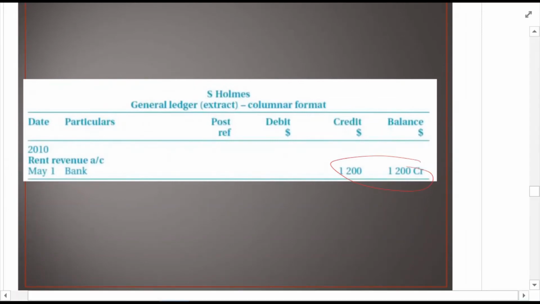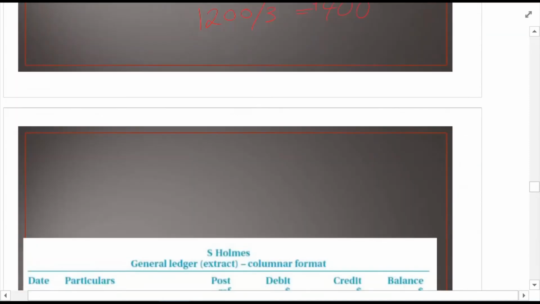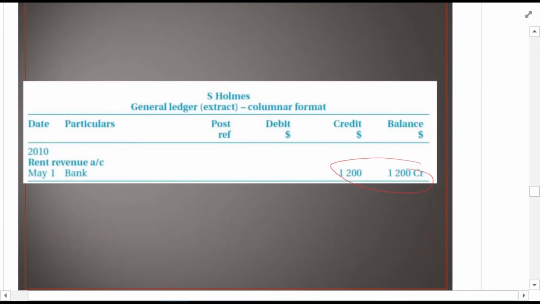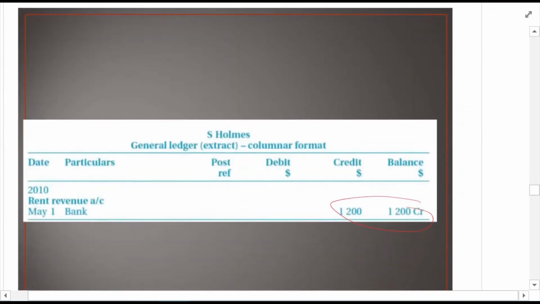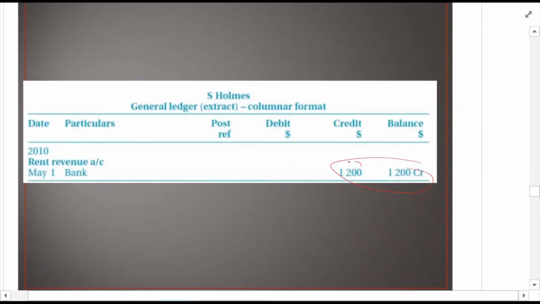So what we need to do, put it back up. So we need to include, alright, let's do that again. Yeah, so we need to recognise we've got some money in here that we may not have earned yet. Okay, so we're going to need to take away another $400, that $400 that we haven't earned yet. Okay, and then you're going to need to bring this down to the true figure, which would be probably about $800.